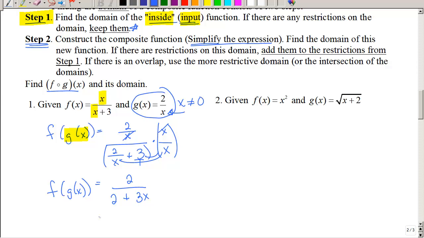And now what is its domain? Again, we have to look at the denominator. That cannot equal 0. So x cannot equal negative 2/3. So we have to add the restrictions from step 1.